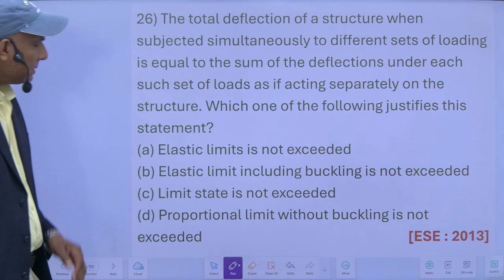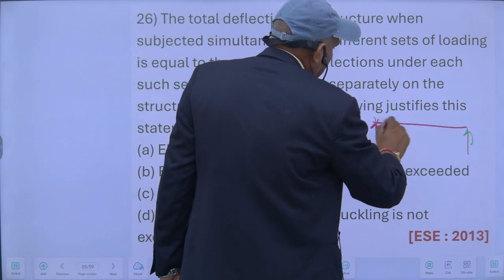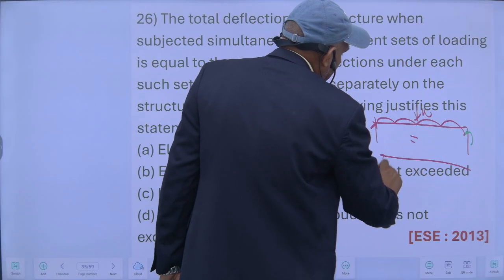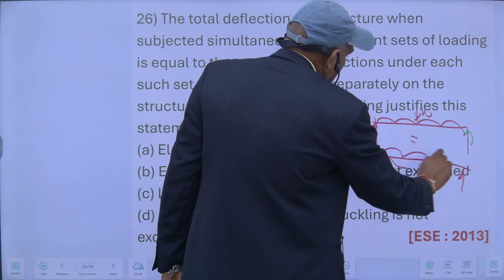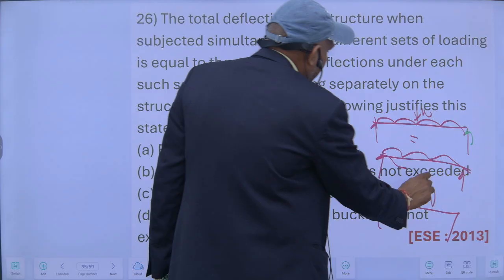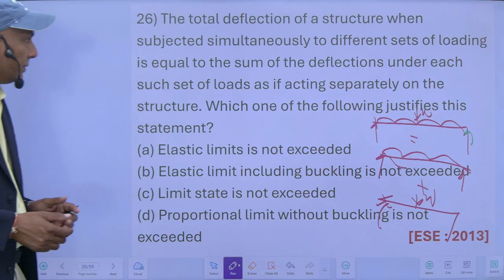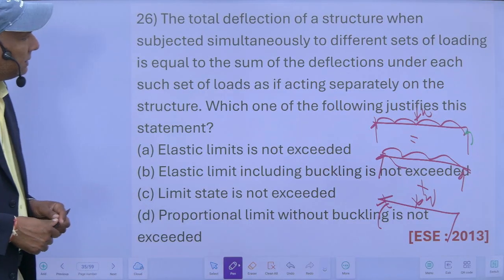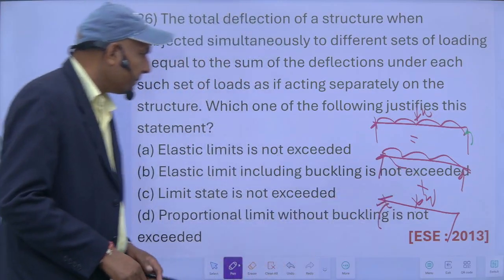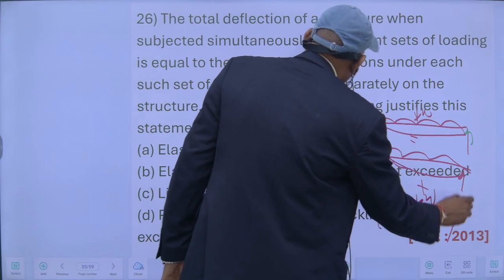As I have discussed in the previous example, this is the UDL and this is W. So I can treat it separately for the UDL and this concentrated load. So this is nothing but the principle of superposition. So total deflection is equal to my deflection because of this and my deflection because of this. This is equal to this plus this.